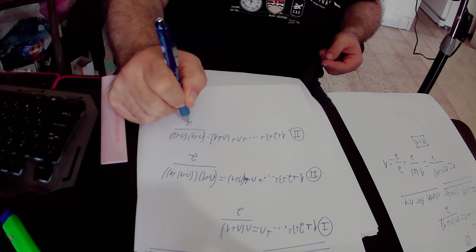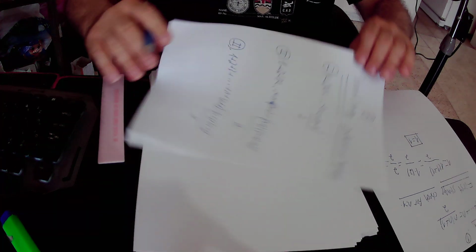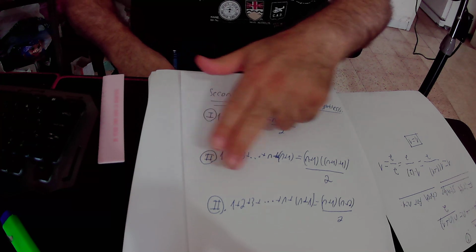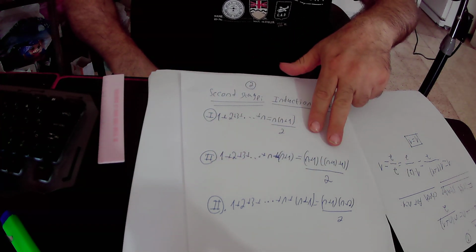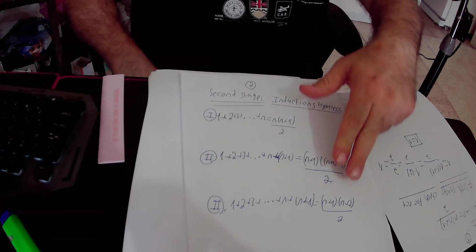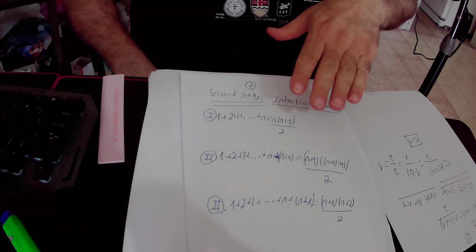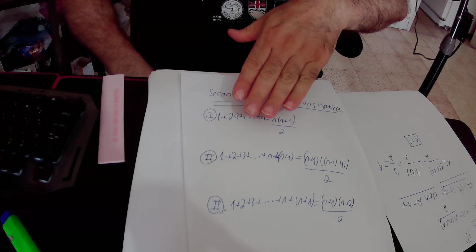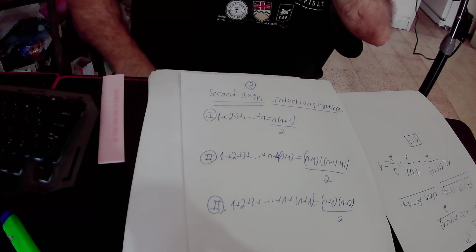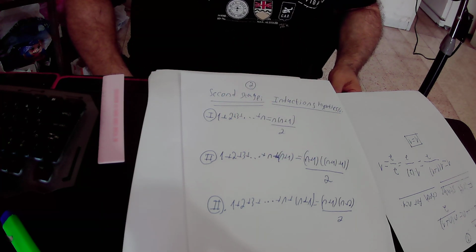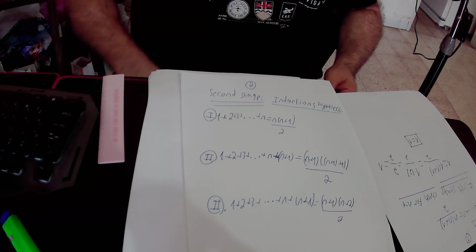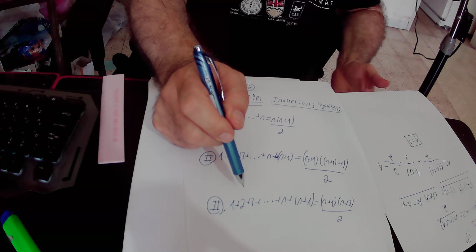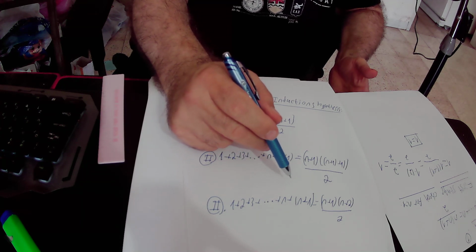So the only change that I did from this line to this line is I changed n plus 1 to n plus 2, and all the other things are the same. I copied it from here to here. Okay? So now we have to prove that this statement for n plus 1, this equation for n plus 1, is true.